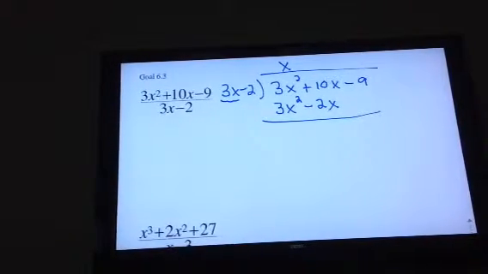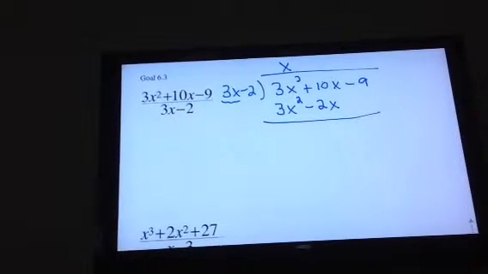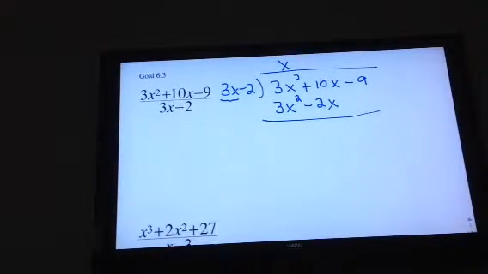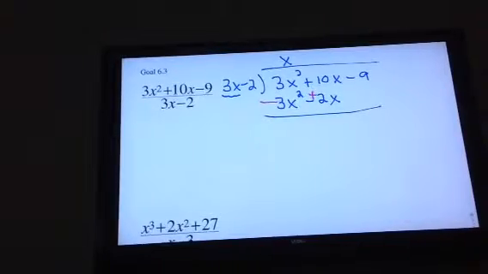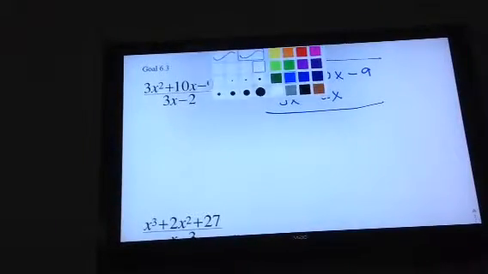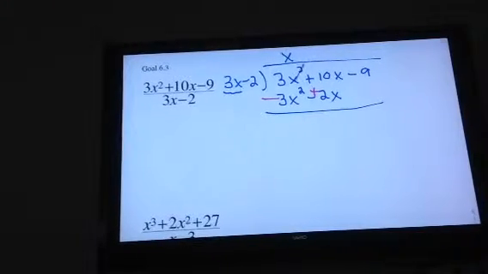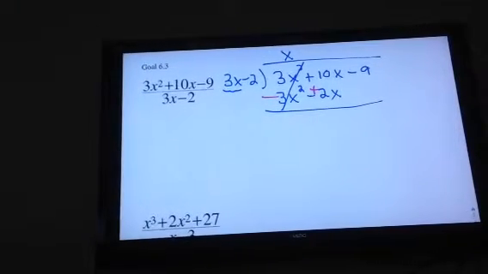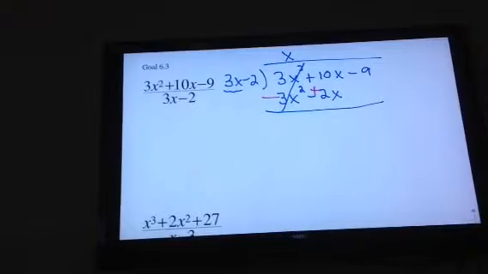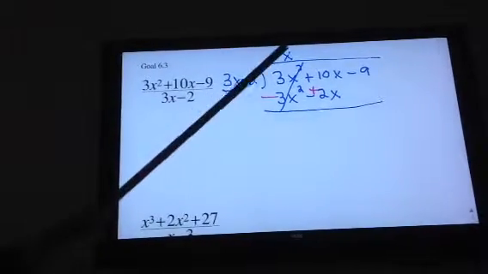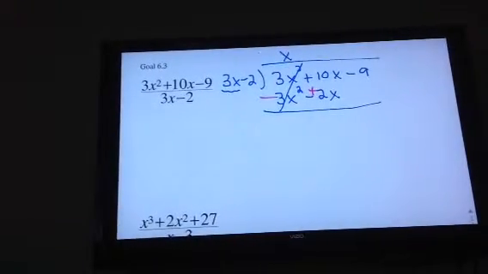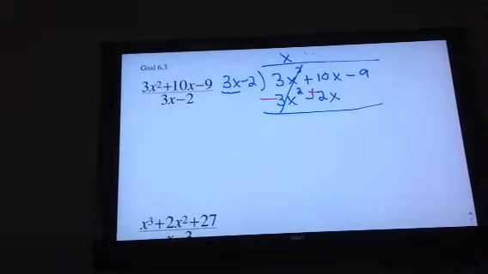Subtraction is the same thing as changing the signs and adding. So I change my signs, and then I add. Positive and negative 3x squared cancel out. That term should always cancel out. If it doesn't cancel, you chose the wrong thing to put up there. And then 10 plus 2 is 12x.